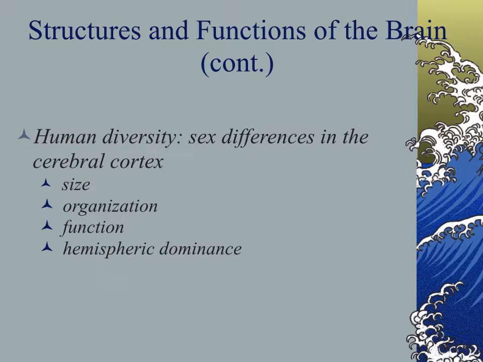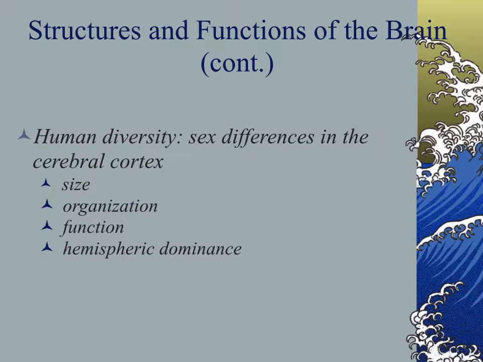Of course, the brain is also very complex across different people, right? So in psychology, we're really concerned with human diversity across cultures, across sexes or genders. And we look at this once in a while with the cerebral cortex, the organization, size. Some people know that women have more folds in the cerebral cortex.